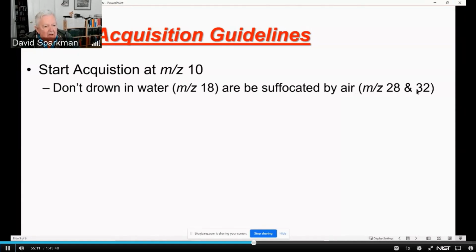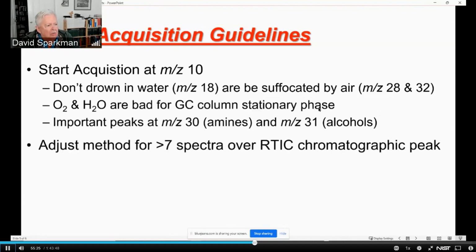And water and oxygen can be very detrimental to the stationary phase of your column and reduce the life of your column very easily. So also there are important ions that occur at M/Z 30 and M/Z 31 for aliphatic amines and aliphatic alcohols.